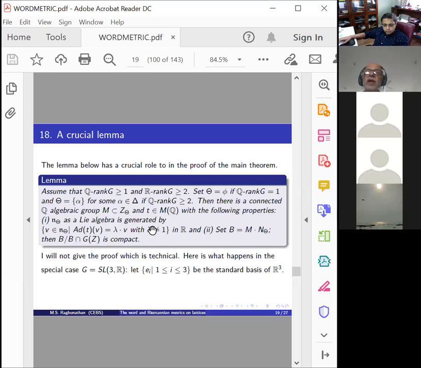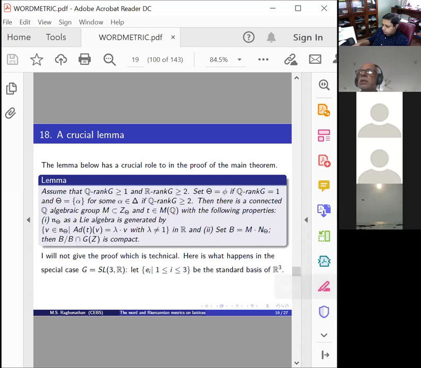And therefore, the group generated by T is a closed non-compact subgroup inside Z theta. And therefore, this group M in particular is a non-compact group. And then you find that B by B intersection GZ is compact. It also implies M by M intersection GZ is compact. I will not give the proof, which is somewhat technical.